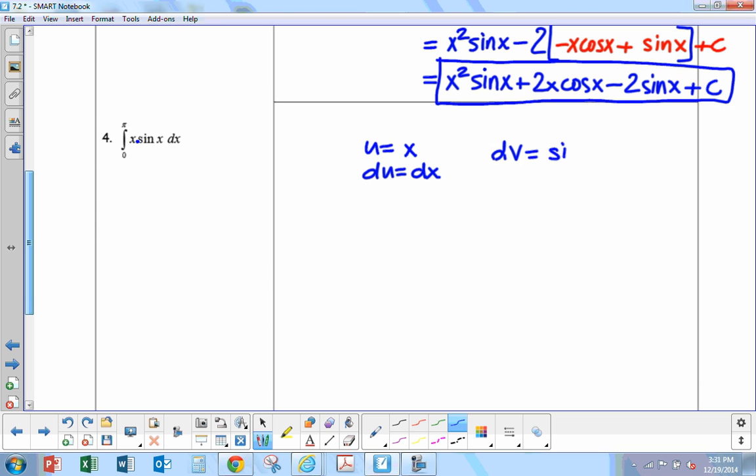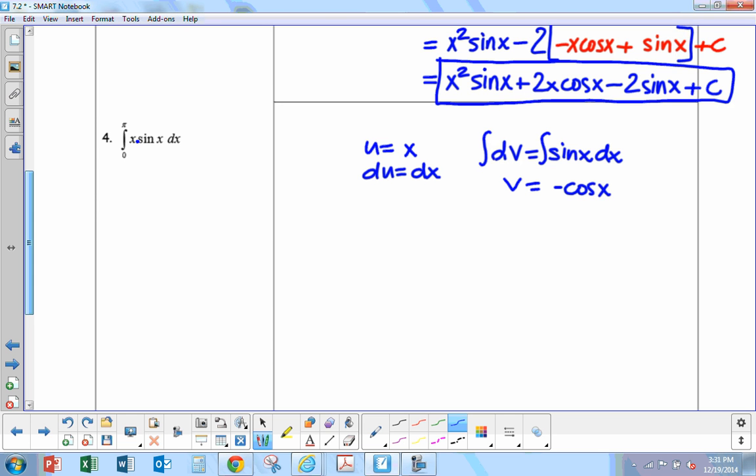So dv is sine of x dx. And then we always integrate that because we need to figure out what v is. So v is equal to cosine of x, and then check your signs. Derivative of cosine is negative sine. So that means the integral of sine is negative cosine.